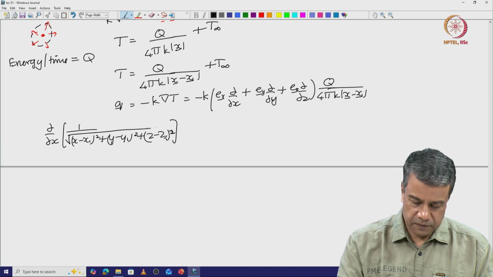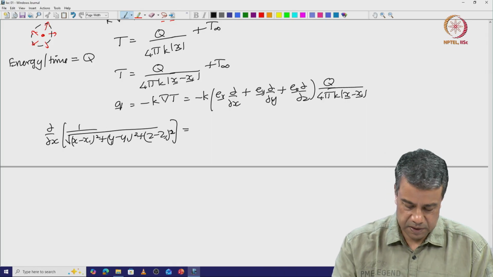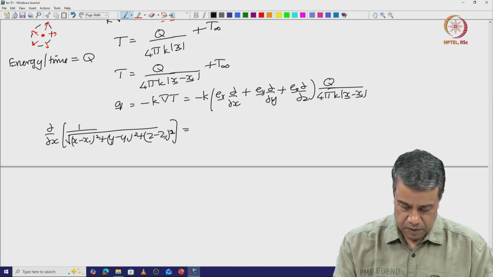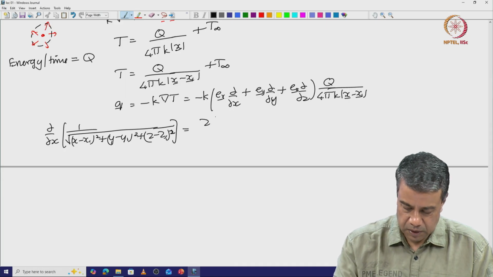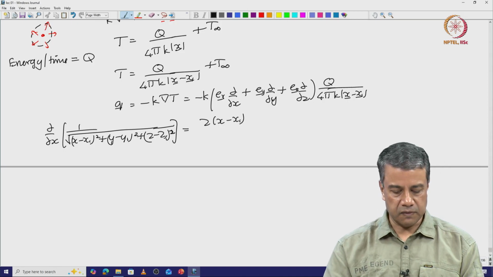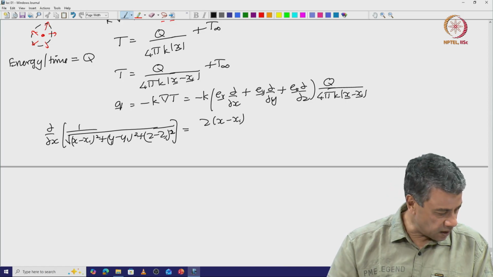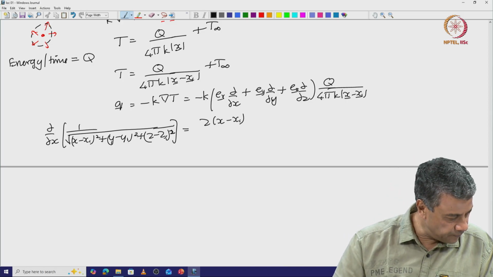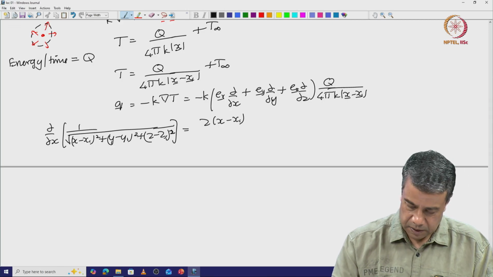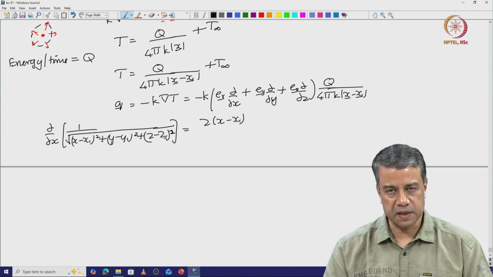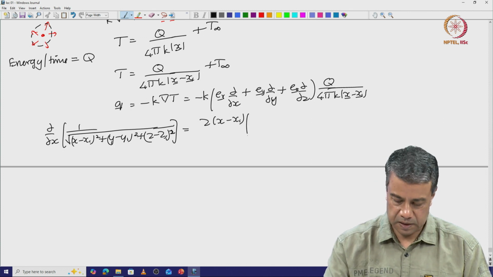So, what is the derivative of this with respect to x? This is equal to 2 into x minus x1, that is the derivative of the quantity under the root, and then I have a minus sign. 1 over r to the power half gives me minus half r to the power minus 3 by 2.